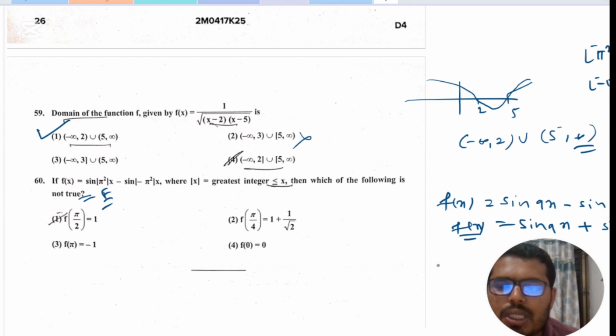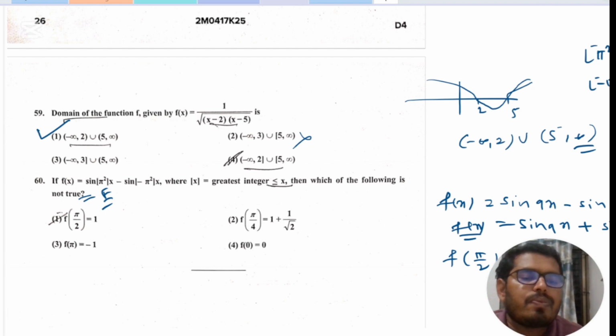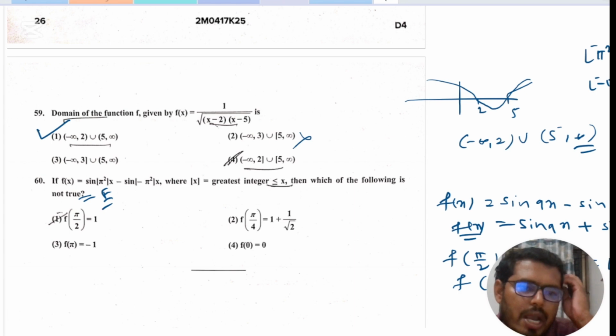Then see what f of pi by 2 is. f of pi by 2 is sin 9 pi by 2. Sin 9 pi by 2 is 1, and sin 10 pi by 2 is 0. Okay, it is equal to 1. It is a true statement. F of pi by 4 is equal to sin of 9 pi by 4.